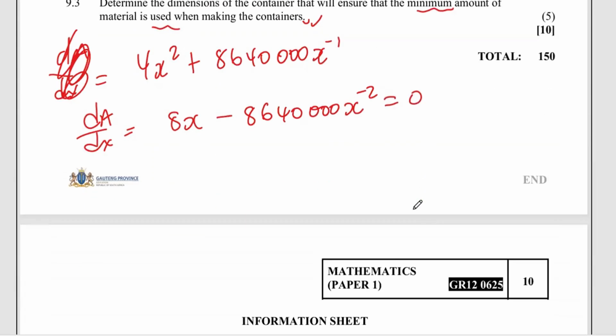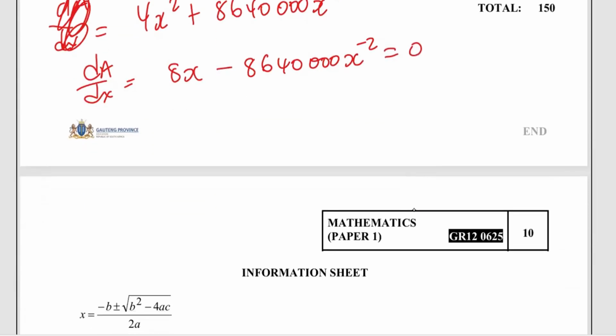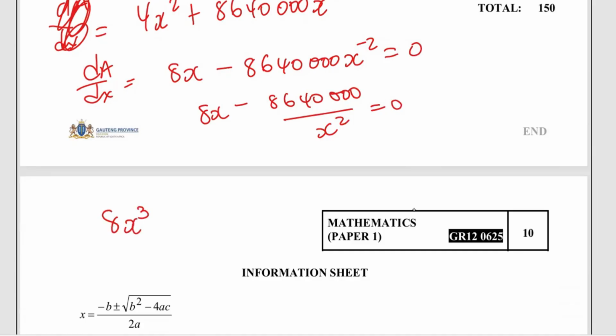Then I'm just going to rewrite this and say it is 8x minus 8,640,000 over x squared. Multiply through by x squared, meaning that we have 8x cubed. I'm not cancelling, I'm just multiplying through. Is equal to 8,640,000.